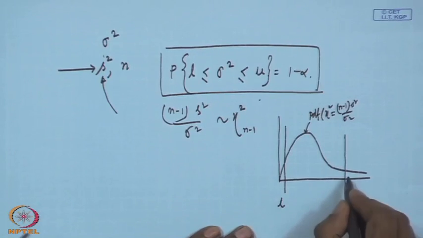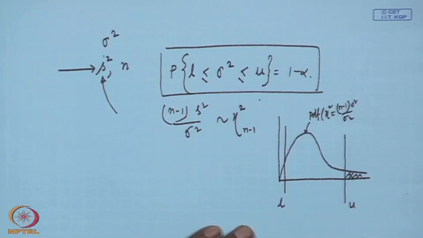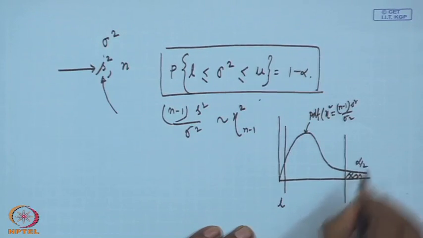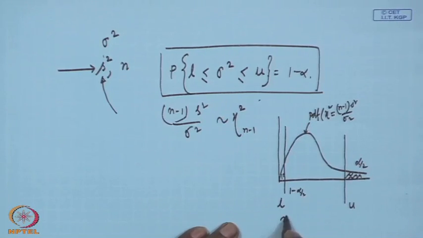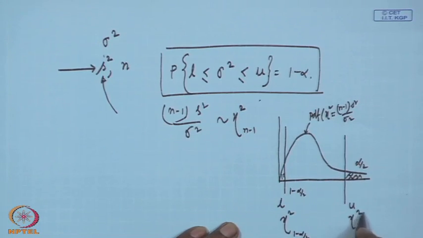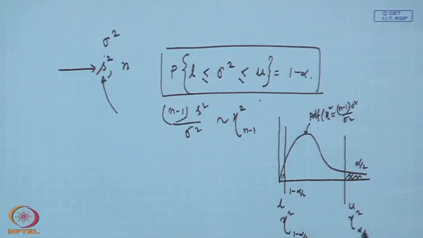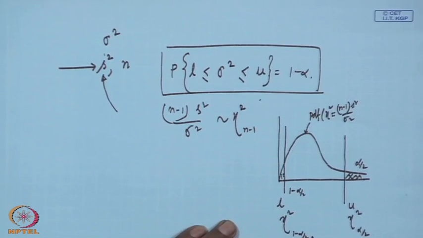Again, if I consider alpha, let this side be alpha by 2, and the total in between is 1 minus alpha. You will get chi square 1 minus alpha by 2, but please keep in mind chi square also has degrees of freedom, that is n minus 1.